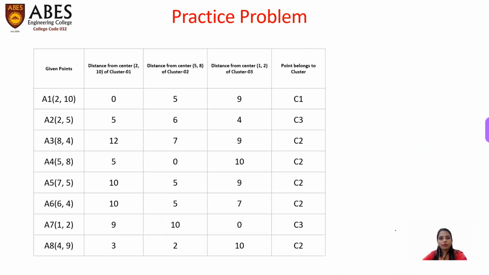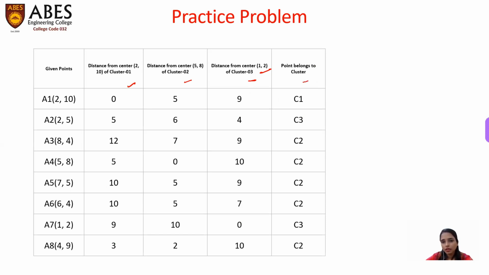Okay, so I have designed this table because it is easier to understand in the form of a table. So how have I designed this table? These are the 8 data points, and the distance from the center of cluster 1, so the center of cluster 1 is 2, 10. The center of cluster 2 is 5, 8. Then the distance from cluster center 3. So I have designed the table in this form, and in this column we will assign which cluster the given point belongs to.